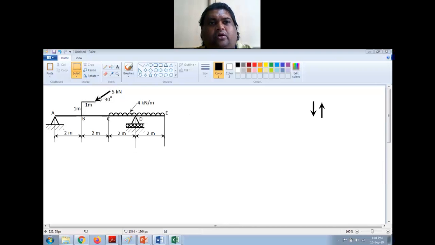So what we do today for the inclined force, we'll be doing the same thing even for the point loads that are applied on the beam, right? So I'll explain that later. Now let us start with this numerical.